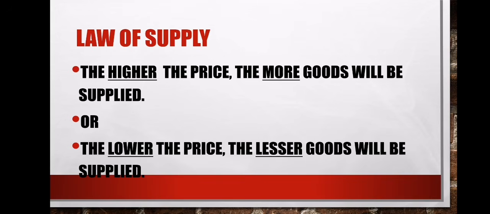If the price of the product decreases, the farmer may not supply to the market because he will get a loss. So hence we said it's a directly proportional curve. If one variable increases, the other variable will also increase.